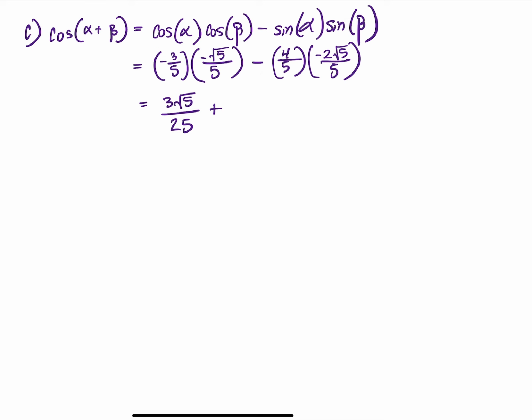The 4 will multiply with the 2, so that will become 8 root 5 over 25. So now these can combine like terms because they both have a root 5. So 3 root 5 plus 8 root 5 will be 11 root 5, 3 plus 8, over 25. And we can stop there.